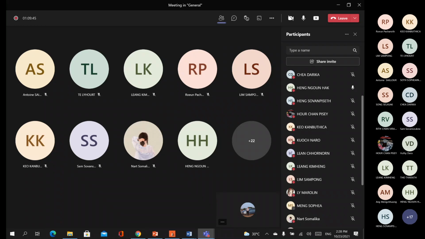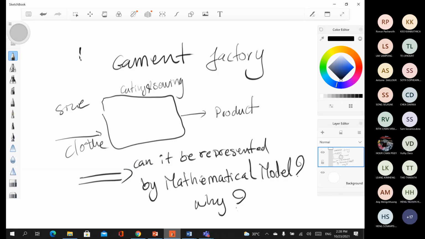You see, at the moment in our system we have input, the cloth. We have the machine that does cutting and sewing. After that we have the product. Can our system be represented by a mathematical model?